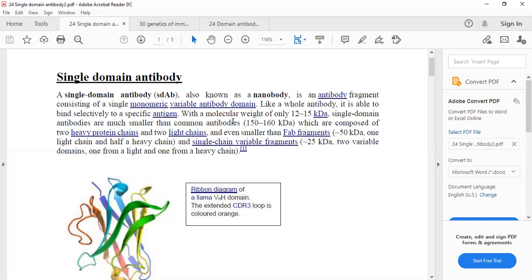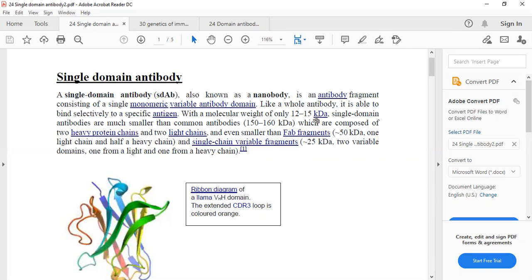It has a molecular size of 12 to 15 kilodalton, very small compared to common antibodies, and comprises only one heavy protein chain or one light chain, not both fragments. So it is much smaller than the original antibody.